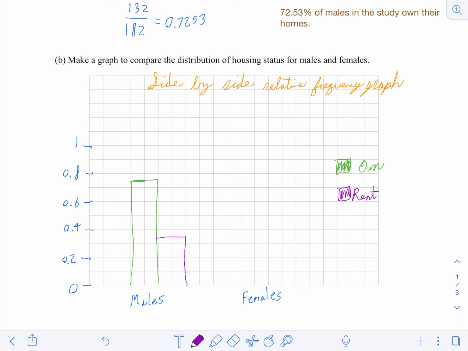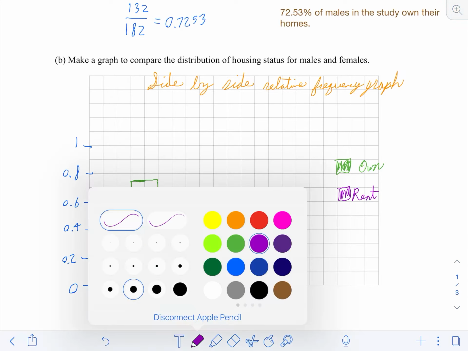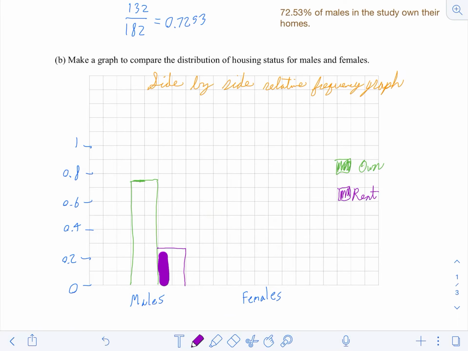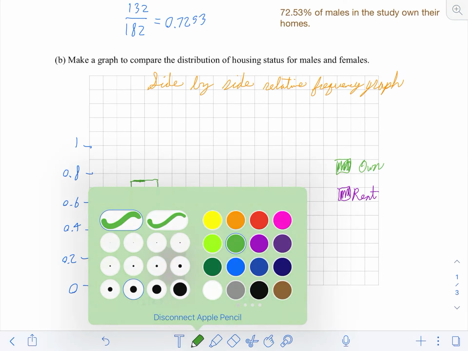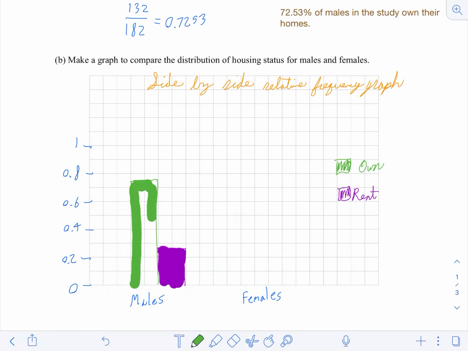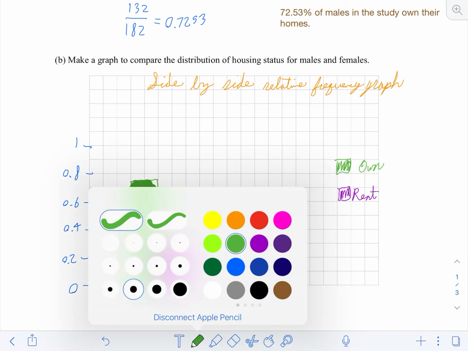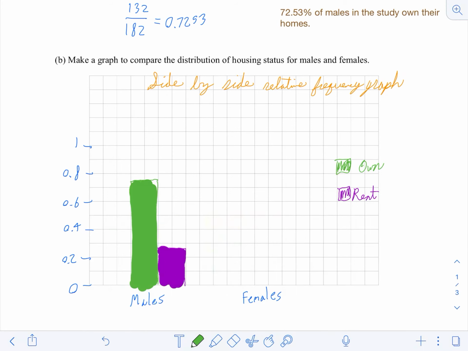I think I went a little too far. 27 would be close to 30, right there. Okay. Now, filling these in just to make it look a little nicer. If you have time, it's a good thing you can do. Boom. All right, so we got males there. I don't know if it actually ended up looking nicer.